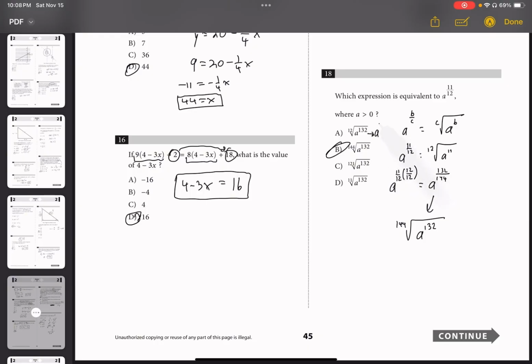For example, a to the 132 over 12 is not going to be equal to a to the 11 over 12, and same for each of them. So for answer choice B, a to the 132 over 144 is going to be equal to a to the 11 over 12 when simplifying down. So that may be an easier way to do it if you see it that way.